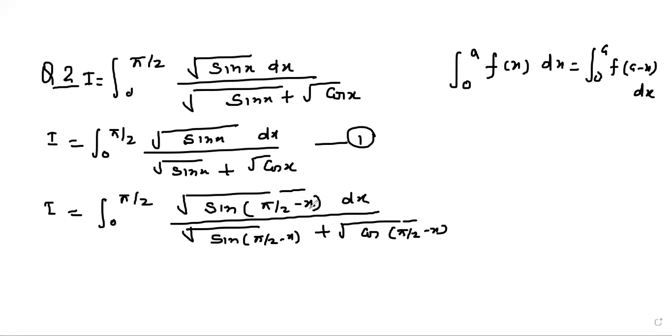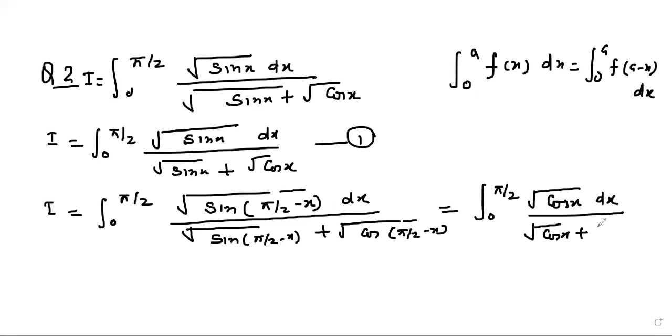Sin (pi by 2 minus x) will give cos x. Similarly, cos (pi by 2 minus x) will give sin x. So this will become integration from 0 to pi by 2 of root cos x dx divided by root cos x plus root sin x.